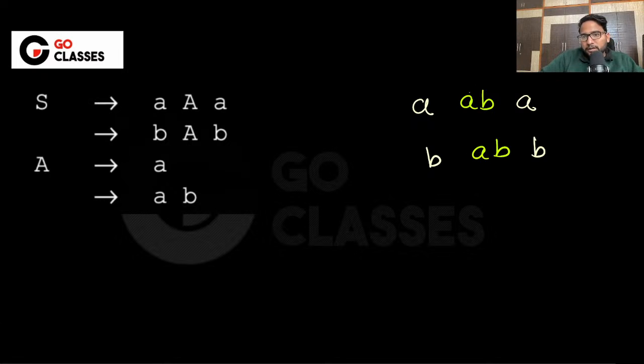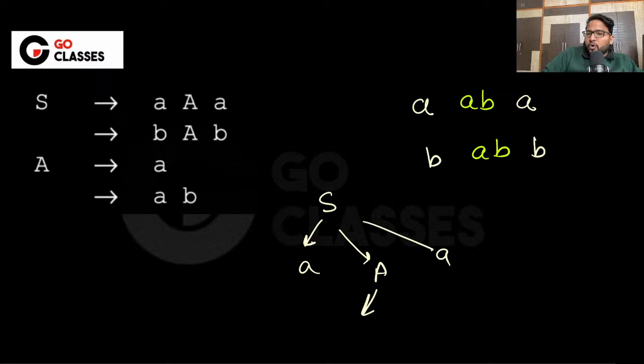Let's suppose this is the string that I'm looking for. First I will go for small a, capital A, small a, and from this capital A I want to make a call. Right, from this capital A I want to make a call. So I will check the next two symbols.